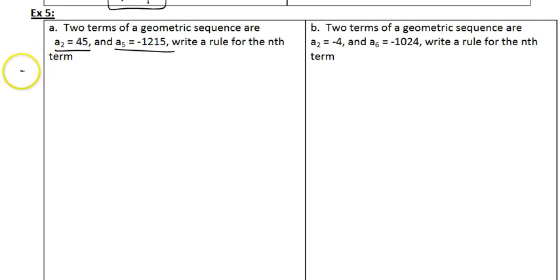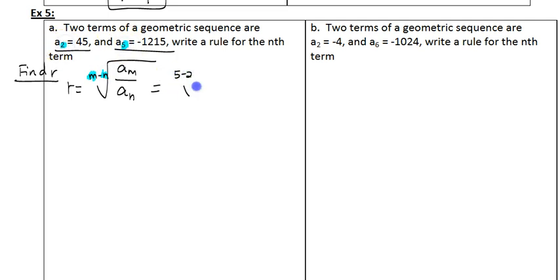Here's what we'll do. You always want to find r first, because I'm actually given enough information to use my formula: r equals the m minus nth root of term m divided by term n. And remember that this m and n are the numbers of the term, so I would put 5 minus 2 here, and then the terms are the actual values that are in that spot.